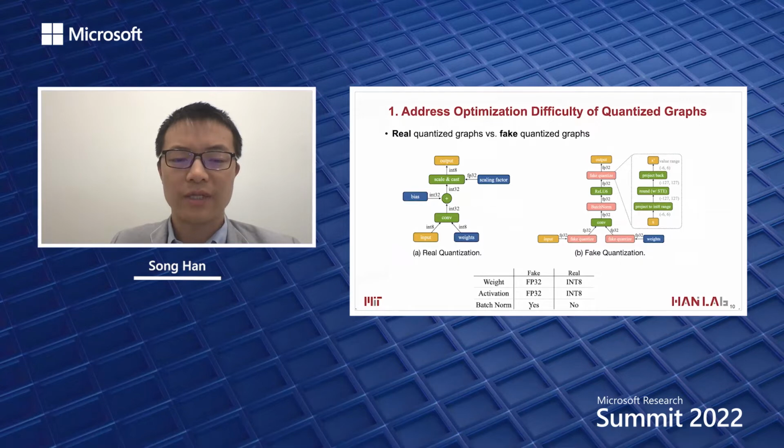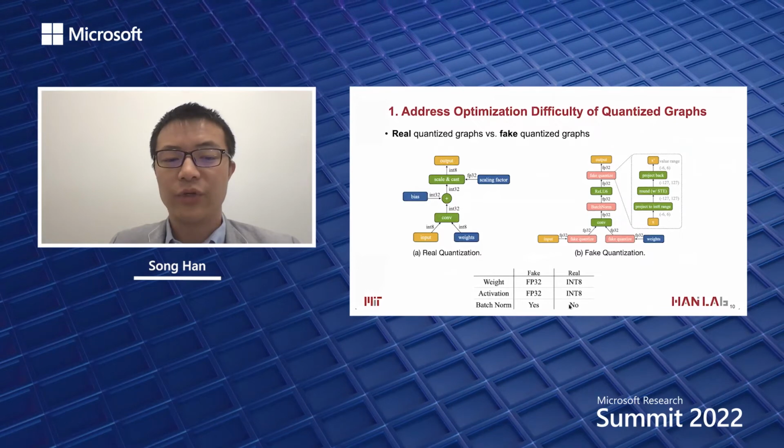So here's a comparison between a traditional fake quantized graph versus our problem where we have to deal with a real quantized graph. Since the model is already trained, it is already on the device, and we have only integer operations here.